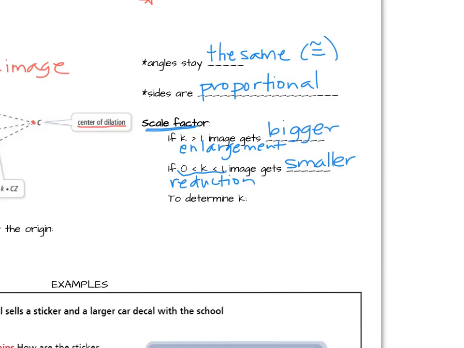So how do we know? How do we determine what our scale factor is? We use side lengths. K equals, take any image length divided by the corresponding pre-image length. And whatever that fraction simplifies to would tell you if the shape is an enlargement or a reduction.